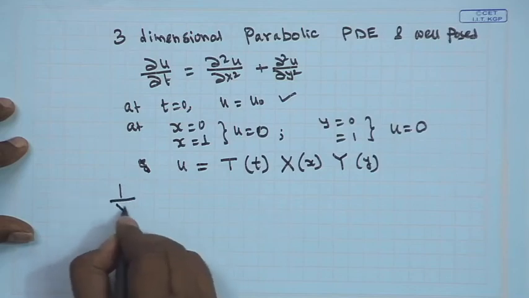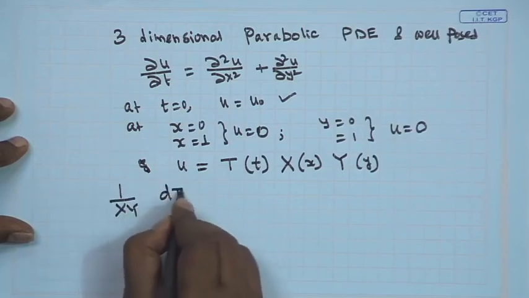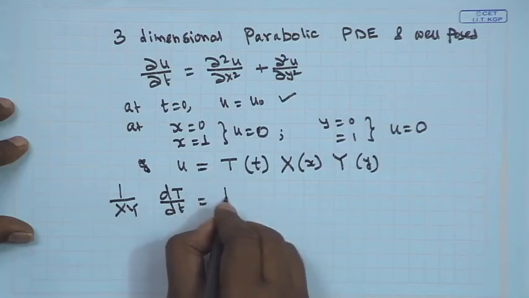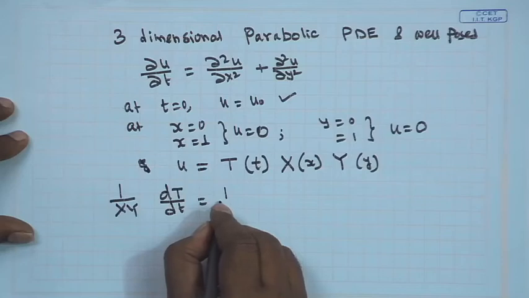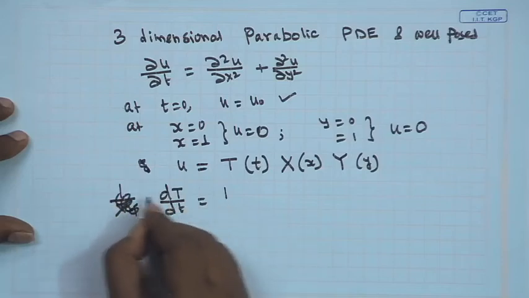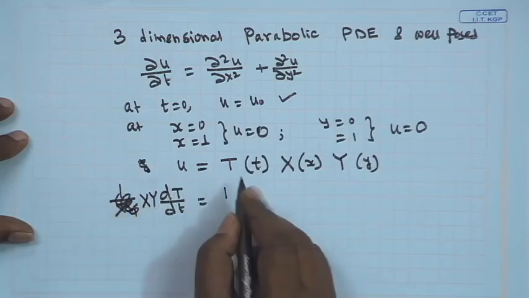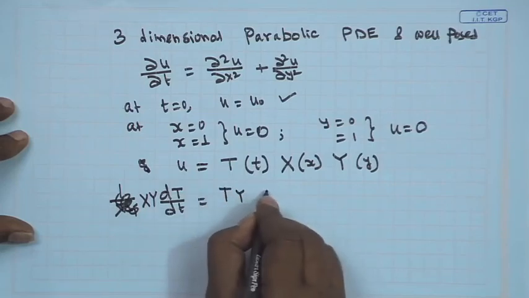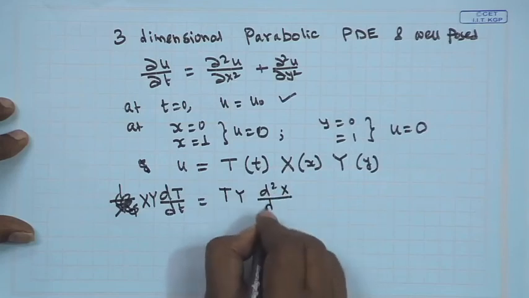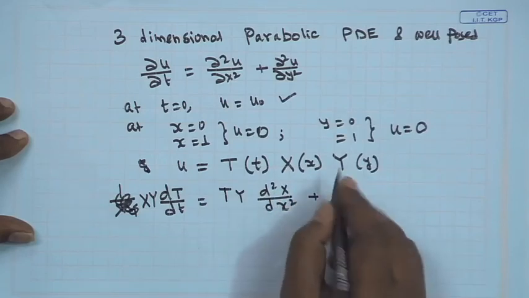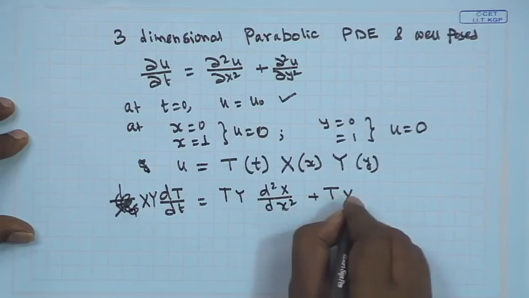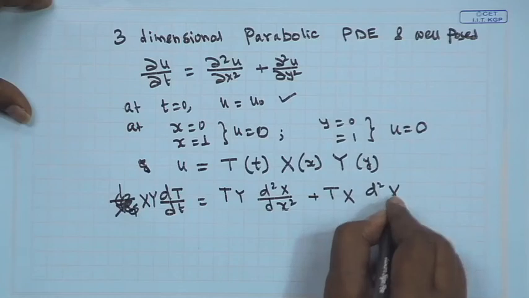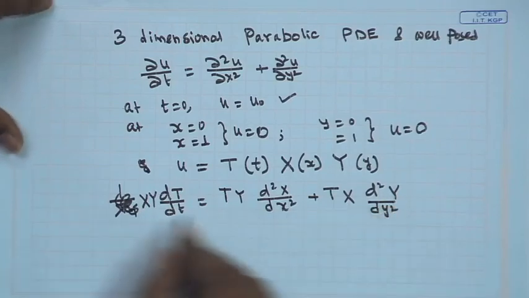What we get is X Y dT/dt equals T Y d square X/dx square plus T X d square Y/dy square.